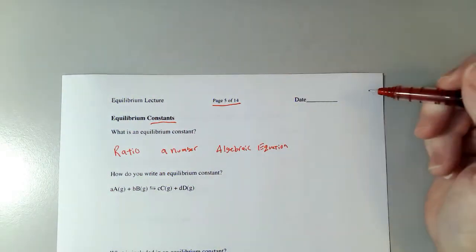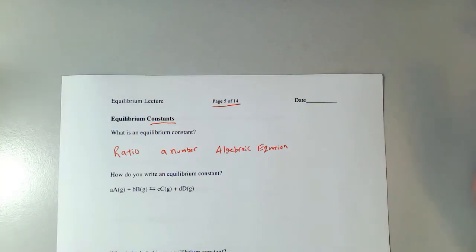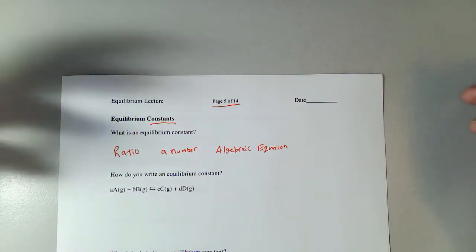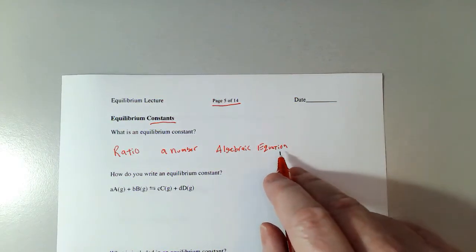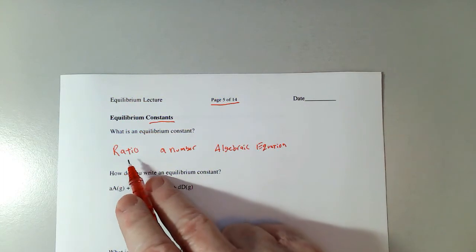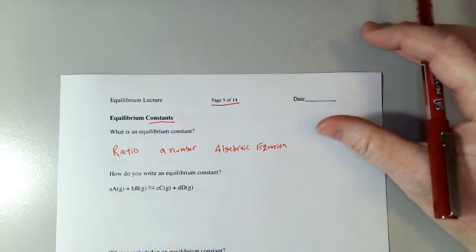Now, none of these actually will violate any of the other descriptions. Okay? They all support each other. It is possible to have an algebraic equation that can be represented as a ratio, and it can be calculated out as a number. Okay?